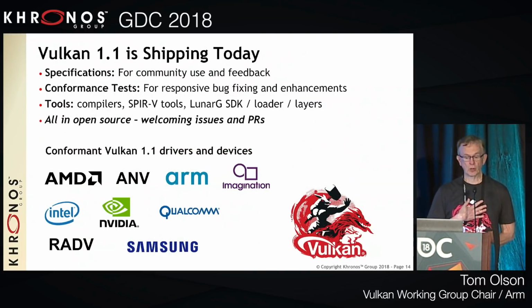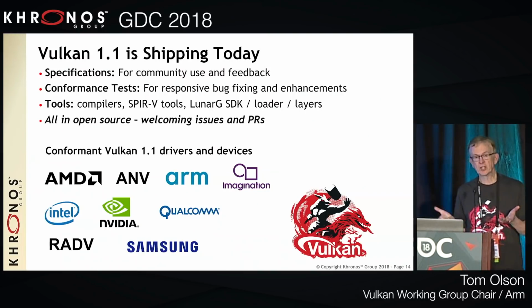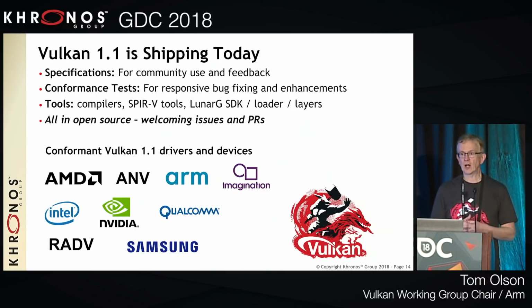So as I said, 1.1 is out there. As usual with our releases, we are trying with every release to raise the bar on delivering a ready-to-go solution. It's a work in progress, but we've done significantly better with 1.1 than we did with 1.0. So the specs are out there. They are on GitHub, and you can contribute to them.